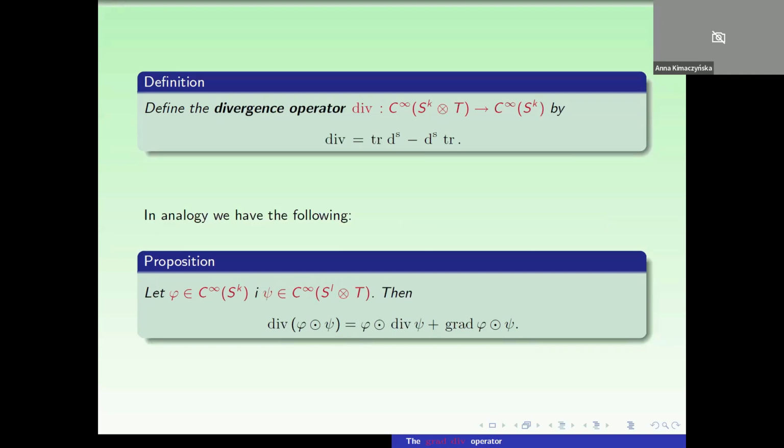and define the divergence operator from C infinity of S^k tensor T to C infinity of S^k. Divergence equals trace ds minus ds trace, and it has a similar property for phi from C infinity of S^k, psi from C infinity of S^l tensor T. We have divergence of phi times psi equals phi times divergence psi plus gradient phi times psi.